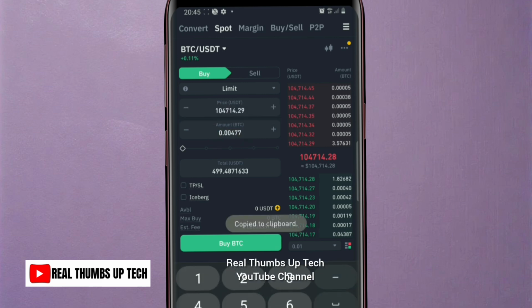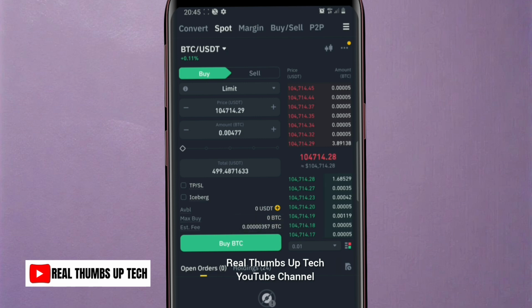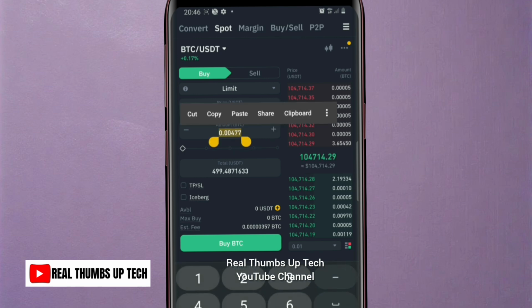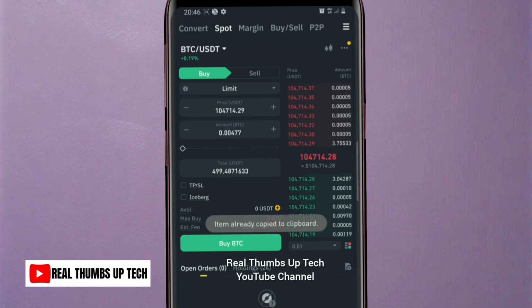I copy the quantity I will get if I'm to buy 500 USDT worth of BTC. And I'm currently at the buy section because I want to buy BTC with USDT, okay? So using limit order, if I'm to buy it at this rate, I'll be getting around 0.00477 BTC. So let me just copy this, okay?